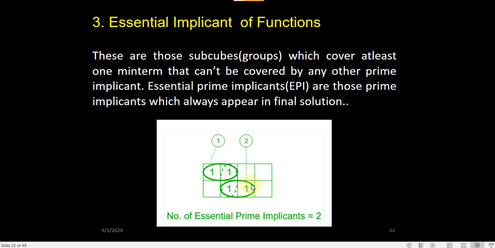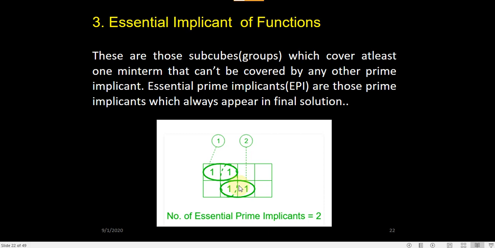Similarly for this one, this is the only combination wherein this one will be covered. So these are very much essential. Without these, it is not possible at all. But the third one is not essential because with this and with this, it is already getting covered. So these are known as the essential prime implicants. There are only 2 now. Is it clear till here?